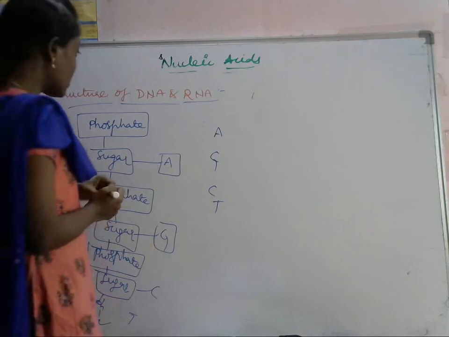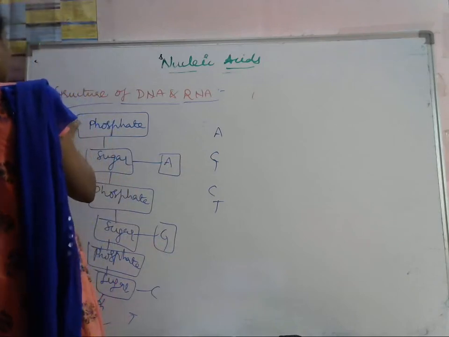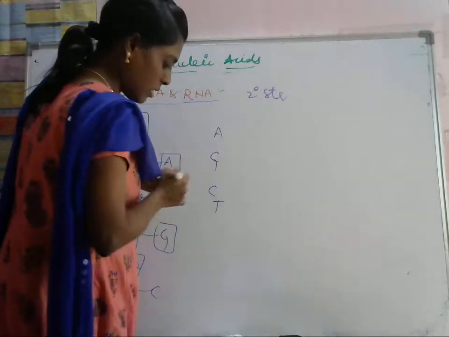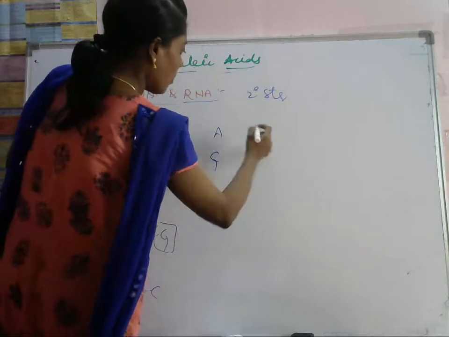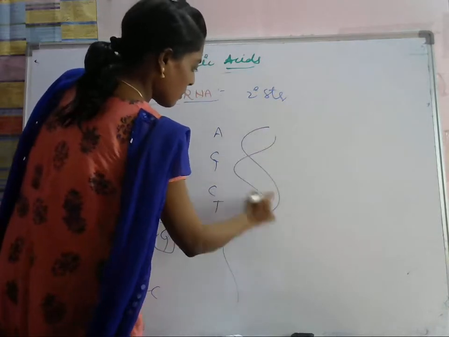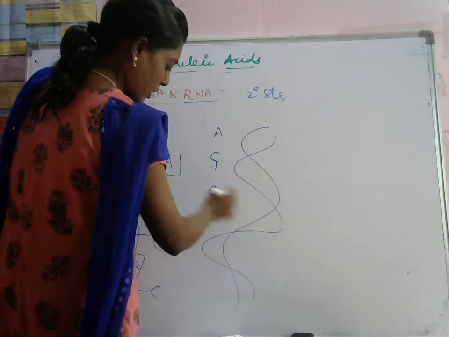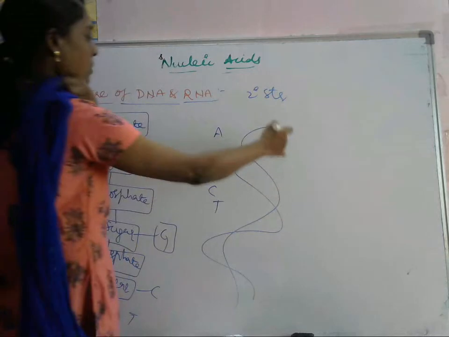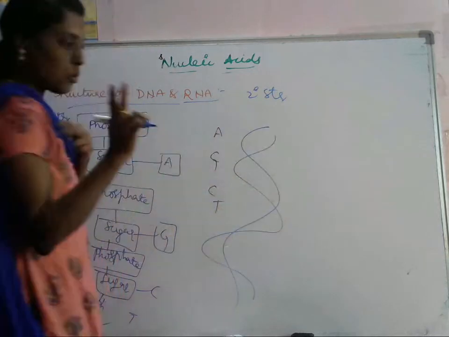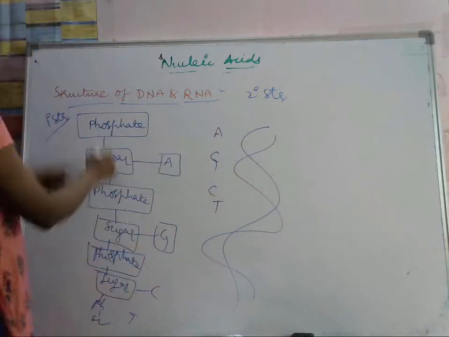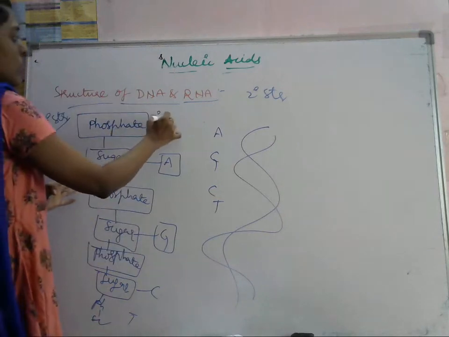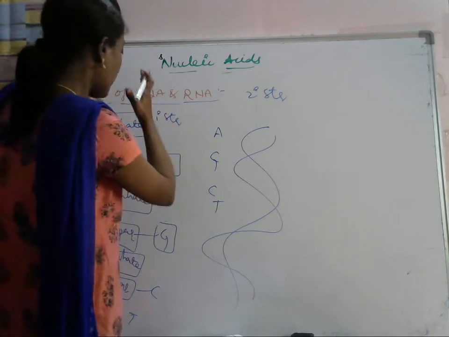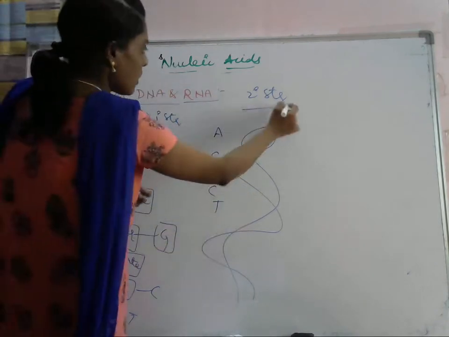Next is the secondary structure. Here, this is one chain and this is another chain, meaning two units. The primary structure has only one chain. If there are bonds between one chain and another chain, it is called the secondary structure.